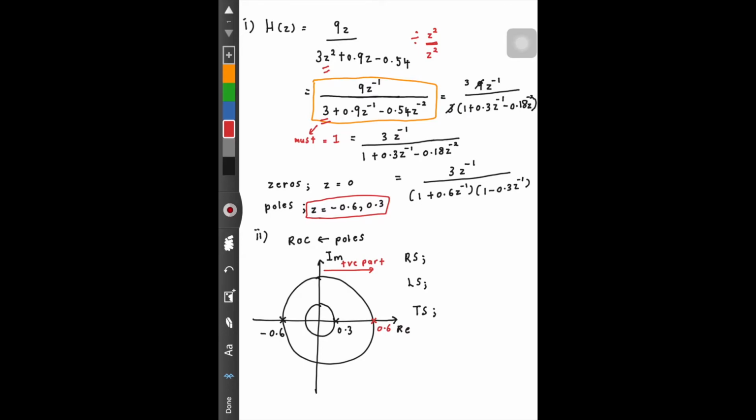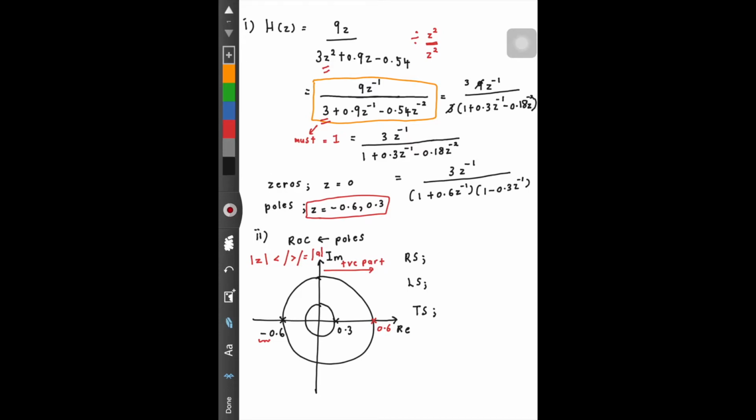For you to make your ROC, make sure of the general terms: your modulus Z is either less than or greater than or equal to modulus A. So you have to make sure that your A must always be a positive value. That's why if you look here, we have negative, so the different direction of negative 0.6 is 0.6.